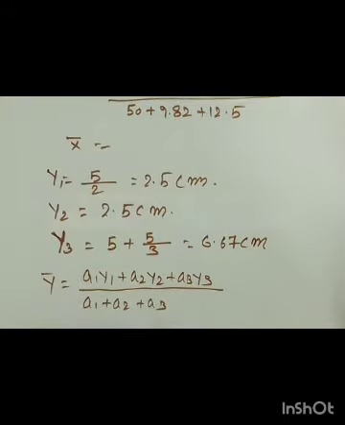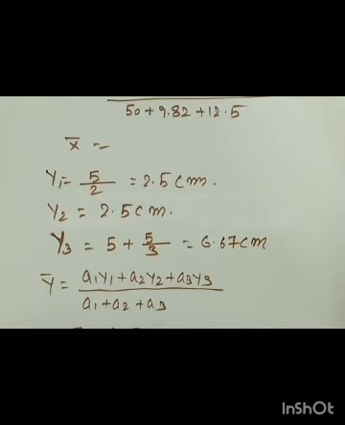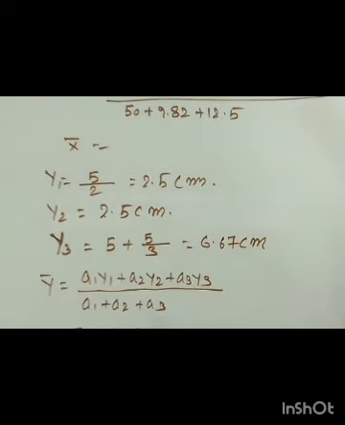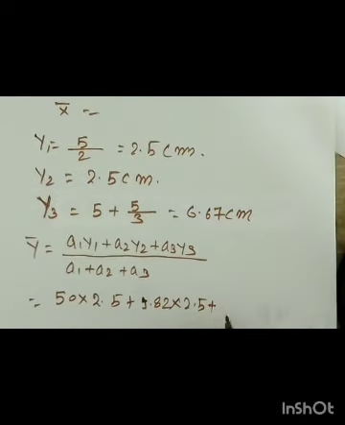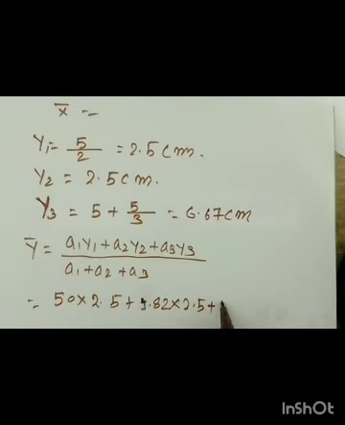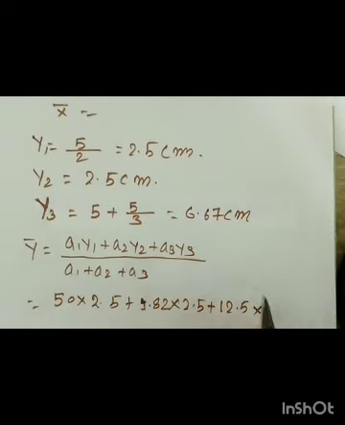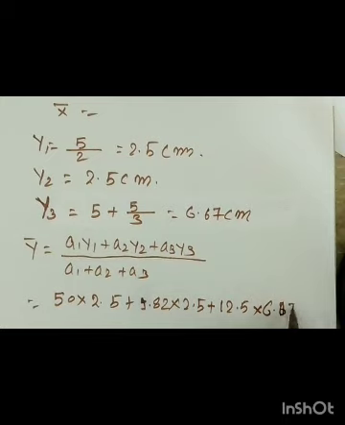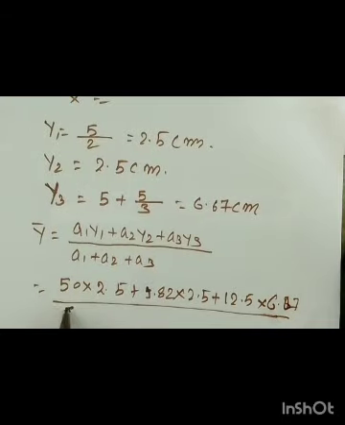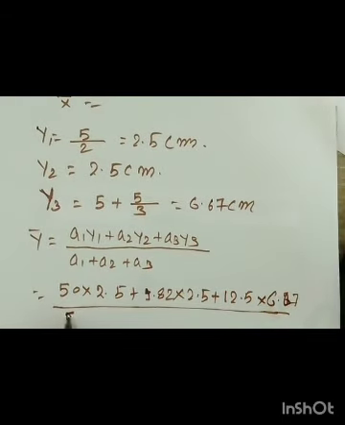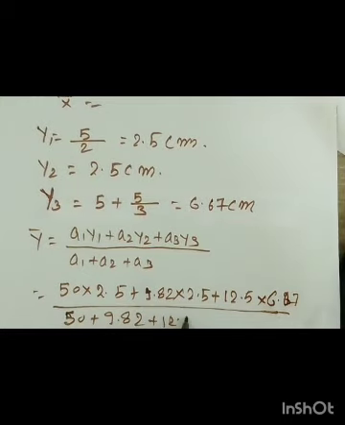So A1 is same, 50, and y1 is 2.5, plus A2 is 9.82 into y2 is 2.5, plus A3 is 12.5 into y3 is 6.67, by 50 plus 9.82 plus 12.5.